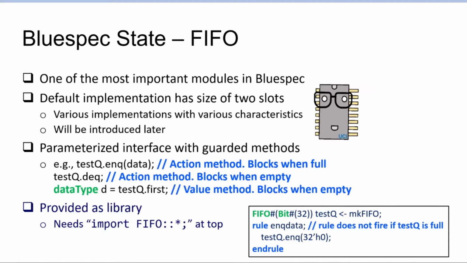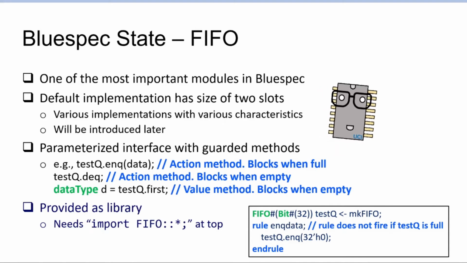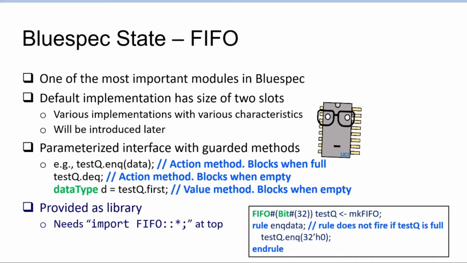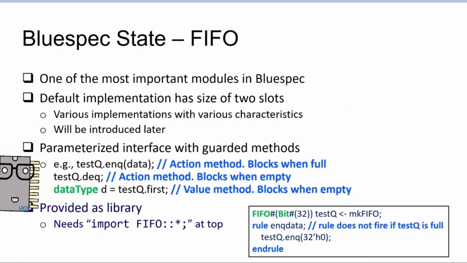When you use a default implementation of FIFOs, it has a size of 2 slots. And you can, of course, use different implementation variations with various characteristics. And this acts very similar to a queue that you would expect, like, for example, std queue, std list, or whatever in software, except for the fact that it has a fixed number of slots.